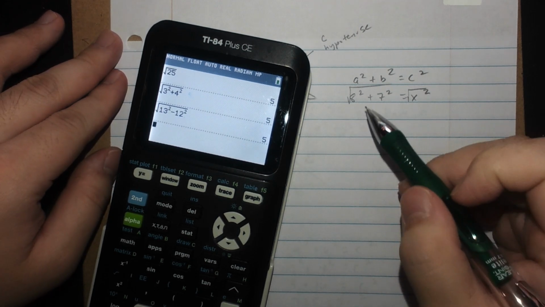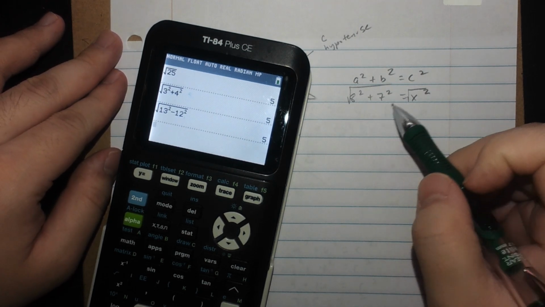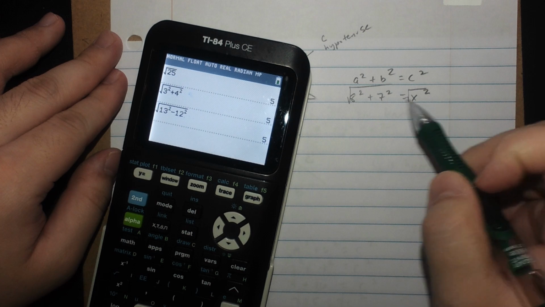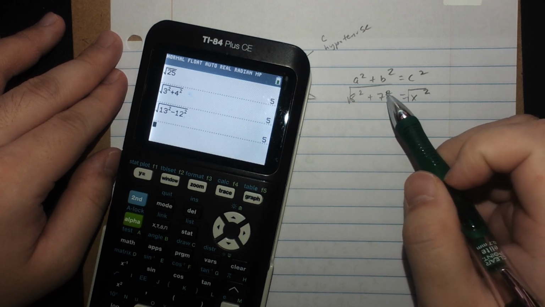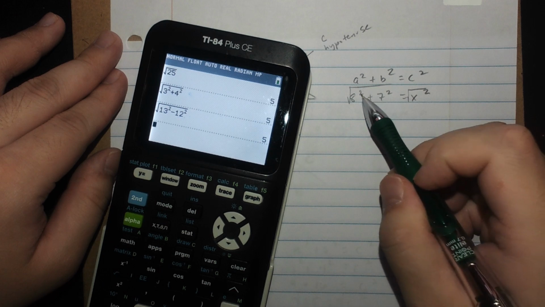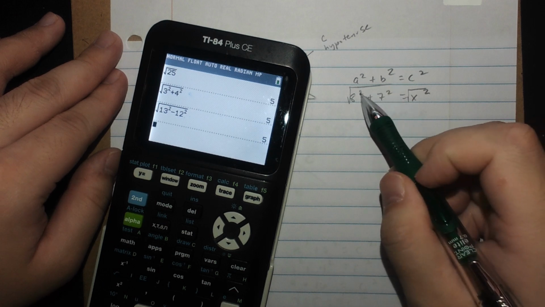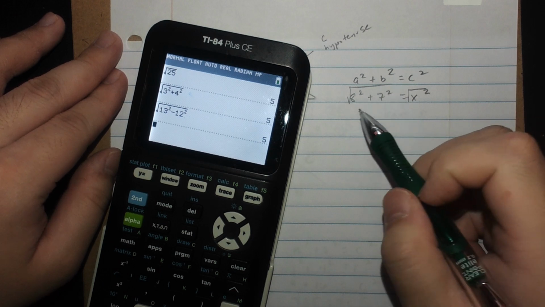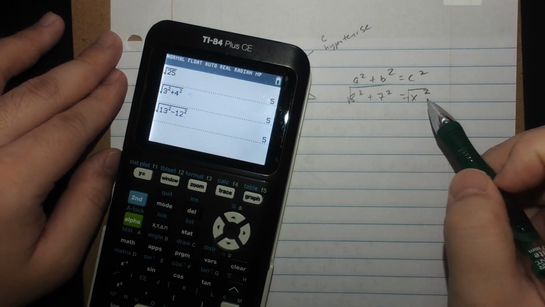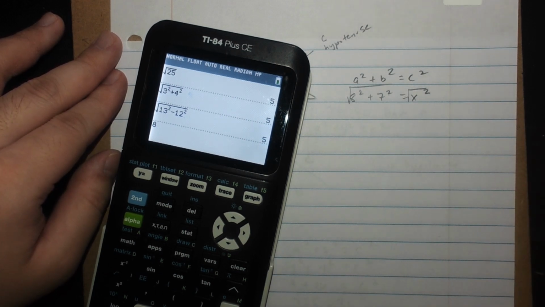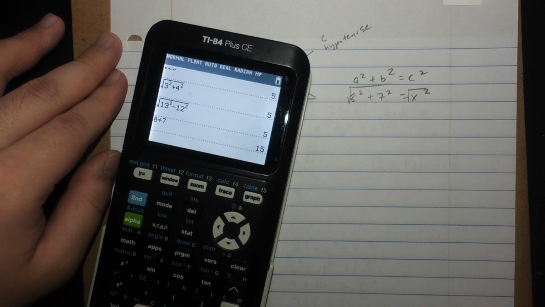The common mistake that people make is that when they take the square root of 8 squared plus 7 squared, they would say, oh, here's the square root, here's the 2, and here's the 2. They will just get rid of the 2's, and it would be just 8 plus 7. Don't do that. That's not true. 8 plus 7 is, what is 8 plus 7? That's going to be 15, right?